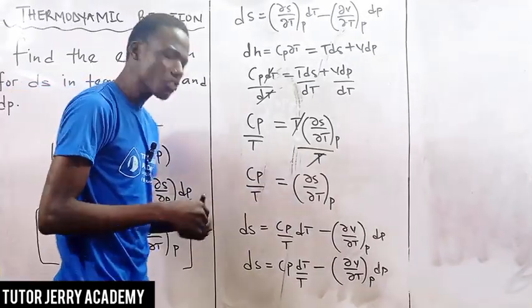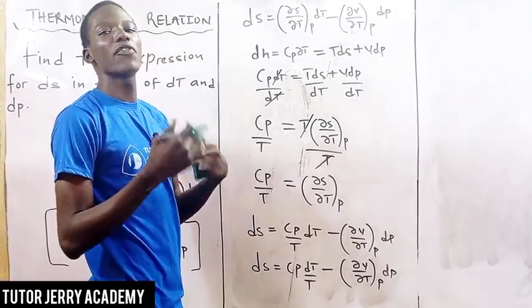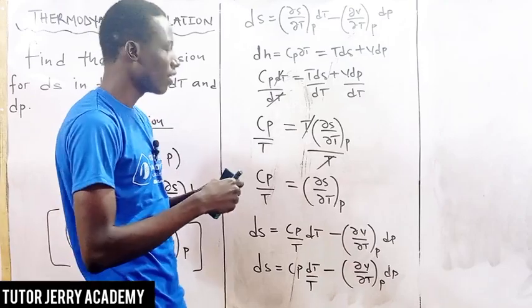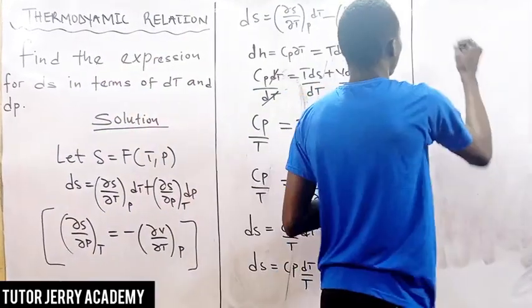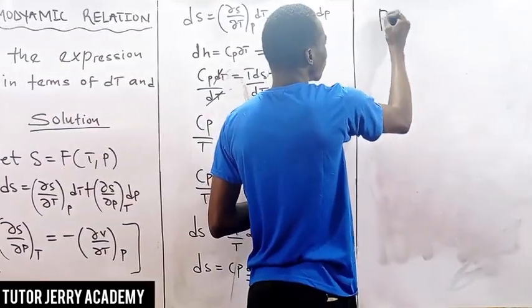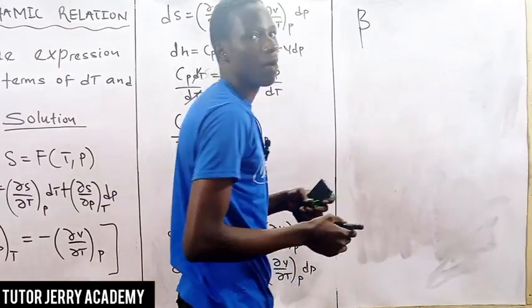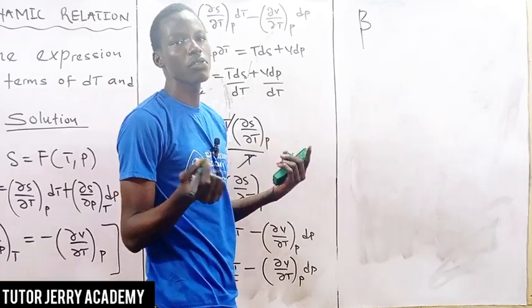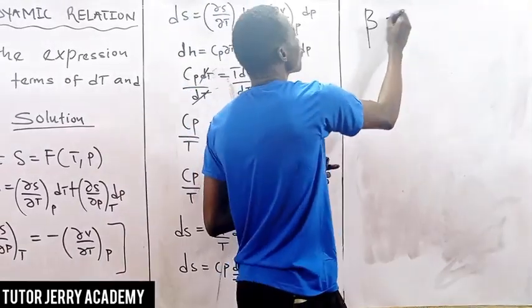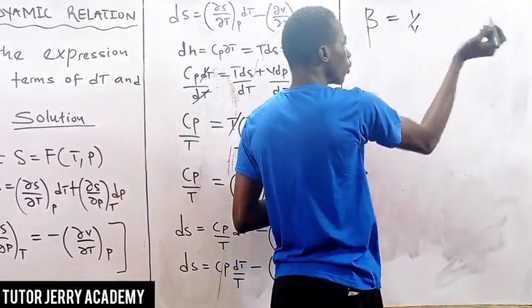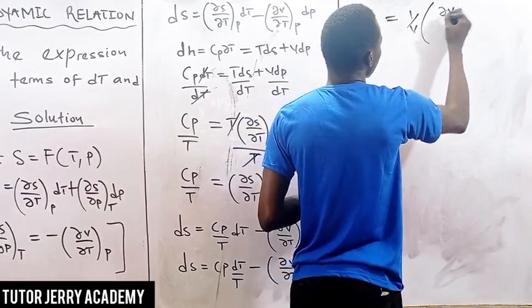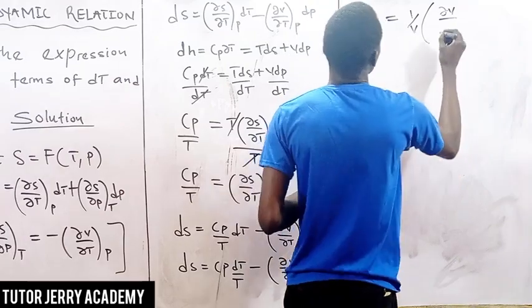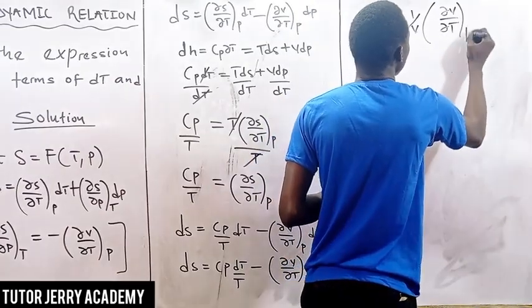Now, from our previous video, we know that the coefficient of volume expansion, denoted by beta, is equal to 1 over volume times the partial derivative of V over the partial derivative of T, keeping P constant.